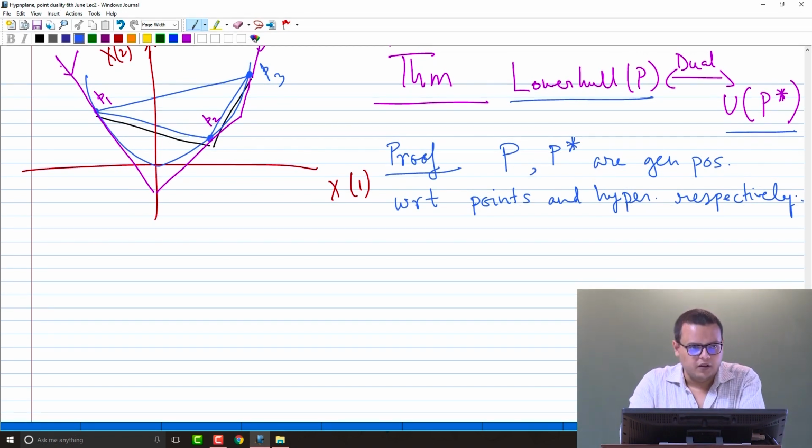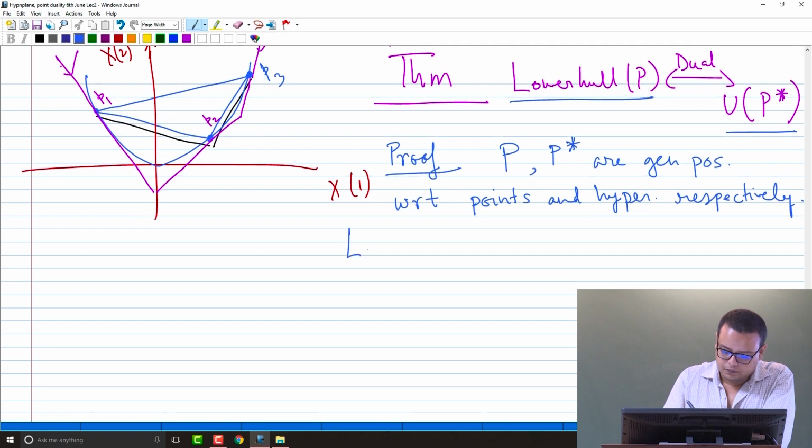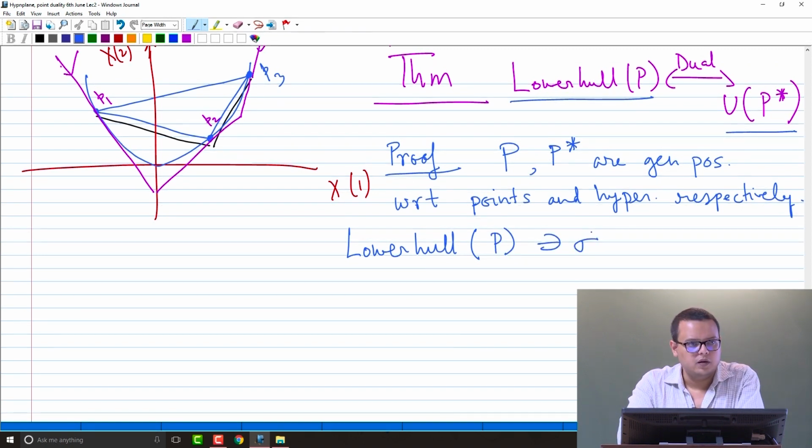So now let's look at a face of a lower hull of P. It's a face of the convex hull, right? So it should be equal to the convex hull of some subset of points from P, that we proved, right?